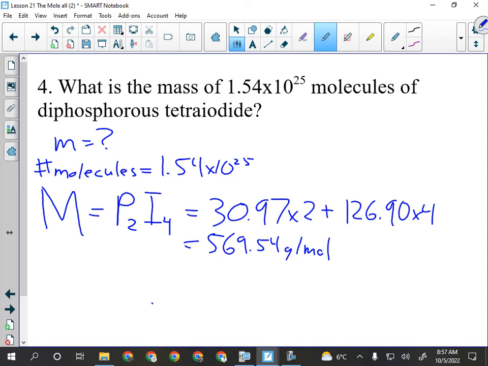Okay, if I want to get little m, what am I missing right now? I'm missing the number of moles. I don't have N. It wasn't among my givens. But they did tell me how many molecules there are.